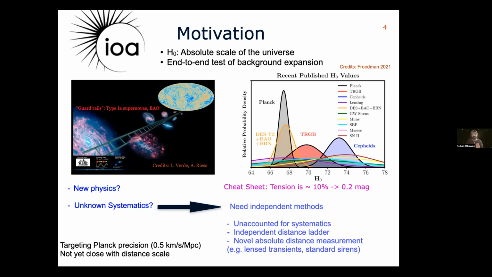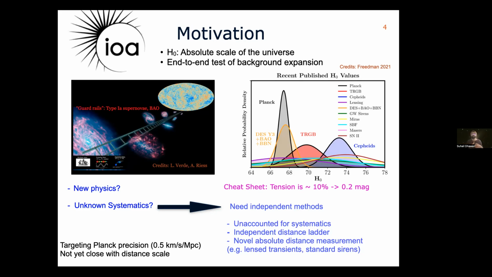There have been some exquisite works in the literature, specifically with the Cepheid distance ladder, looking at unaccounted for sources of systematics, so analysis variance and obvious things that could go wrong, and they've shown robustly that that isn't the case. But that's still within the domain of what we know.